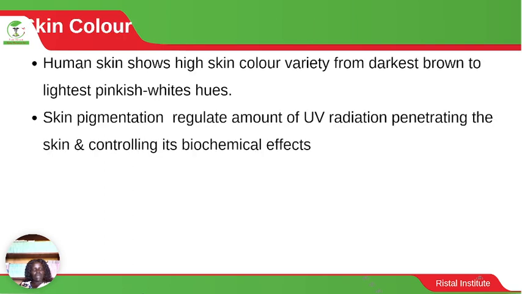Skin color. Human skin shows high color variety, from darkest brown to lightest pinkish white hues. Skin pigmentation regulates the amount of UV radiation penetrating the skin and controls its biochemical effects.